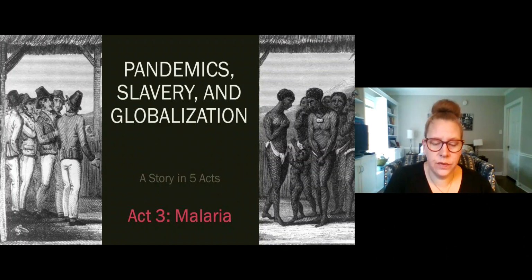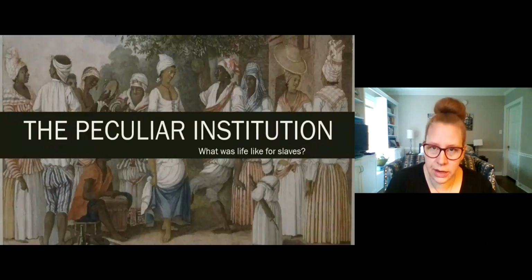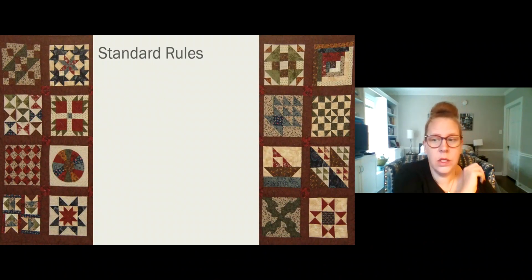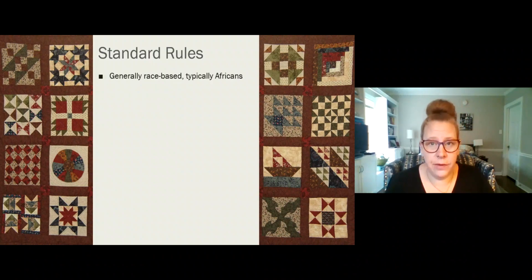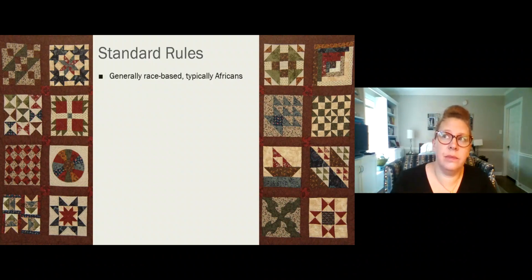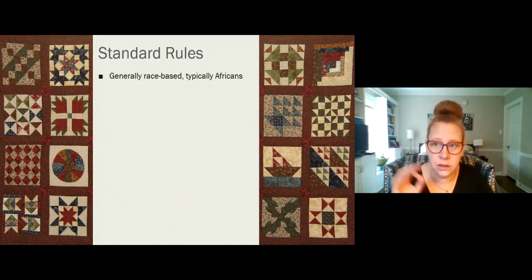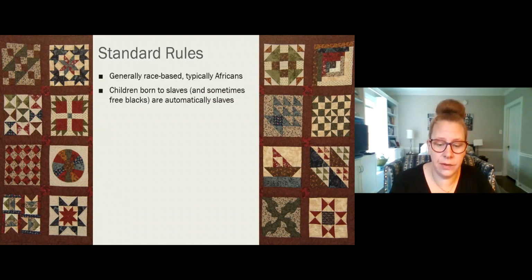We've got supply, we've got demand, we've got people now into the Americas. What was their life like, right? How was slavery in the Americas different from what we've seen in Africa? So your standard rules, it's generally race-based, typically Africans, okay? You'll see some variations, but generally your slavery status is based on if you're Black or not. Children born to slaves, and sometimes children born to free Blacks, are automatically slaves.